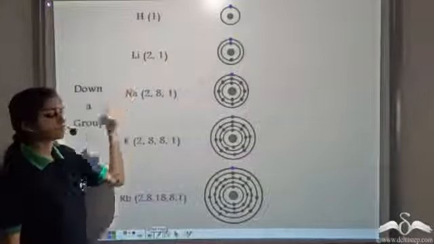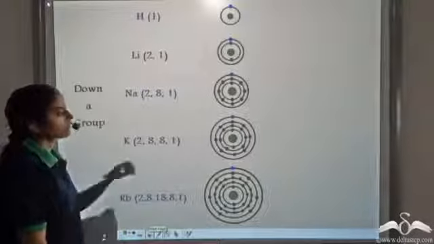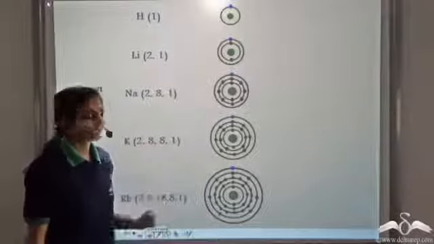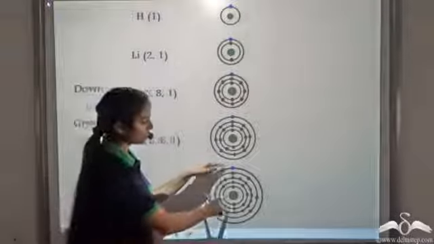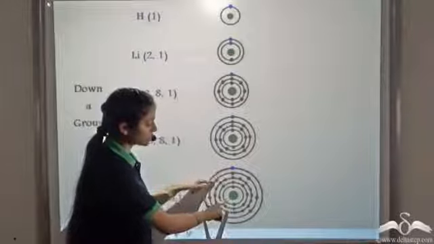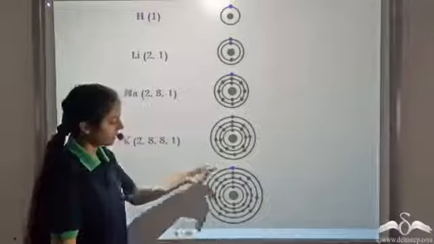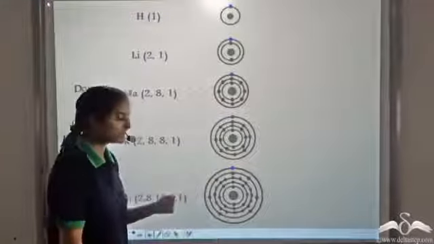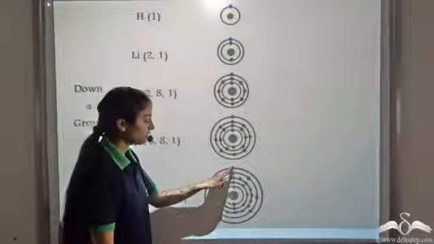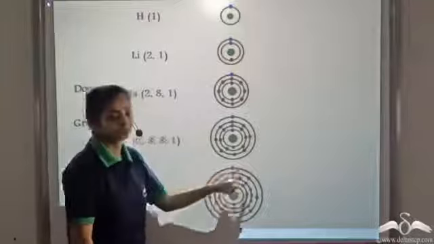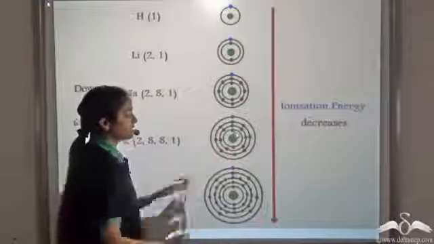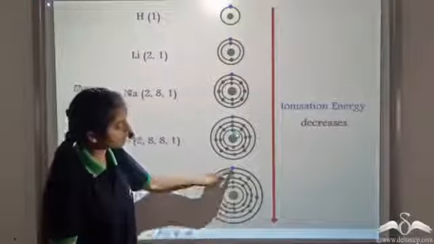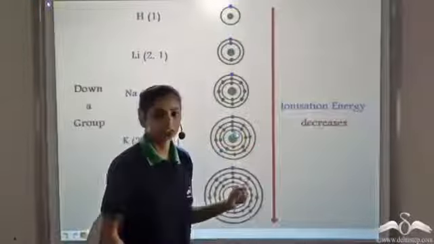What happens when we move from top to bottom in a group? We know when we are moving from top to bottom in a group, the atomic size is increasing. This leads to a greater distance between the outermost shell and the nucleus. Since the distance between the outermost shell and the nucleus is increasing, this electron needs lesser energy to be removed, as it is away from the nucleus, so the ionization energy decreases.